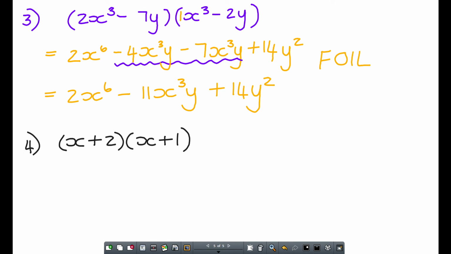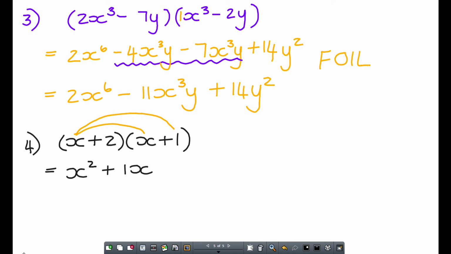Right, so first, x times x. So I'm going to have x to the power of 2. Now outer means x times 1. And that gave me 1x or just x.